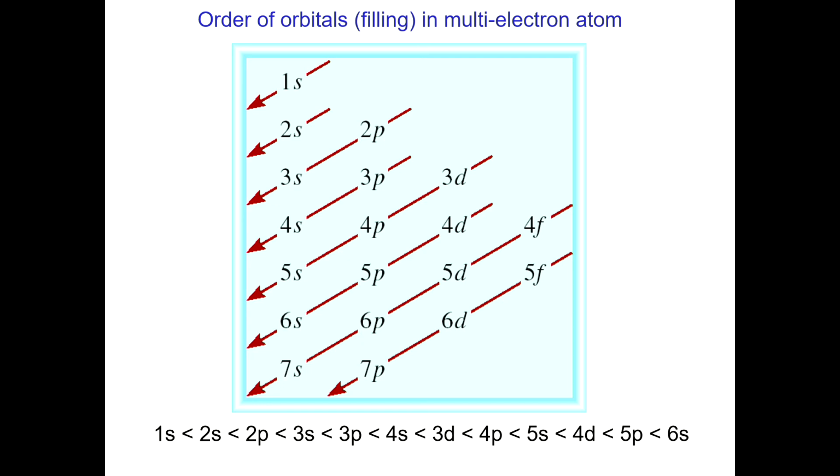Then 2s2. 2p, how many? P has 3 orbitals, 6, yes. So now you fill 10 electrons, right? So another 2. Okay, good. Thank you.